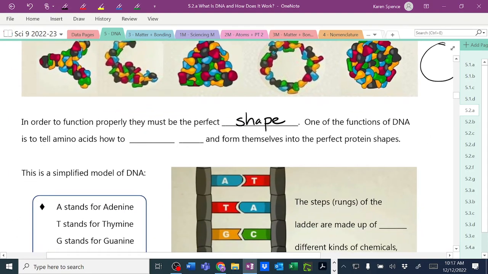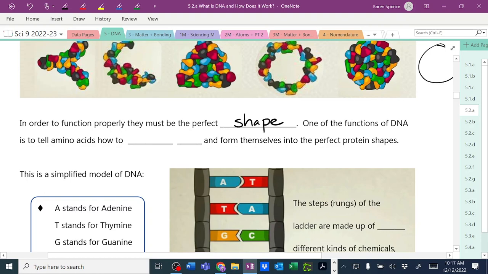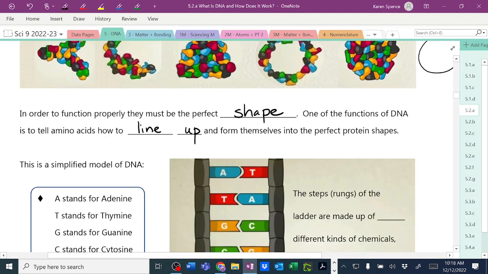One of the functions of DNA is to tell the amino acids how to line up and form themselves into the perfect protein shapes. Here is a simplified model of DNA. Here is our ladder.